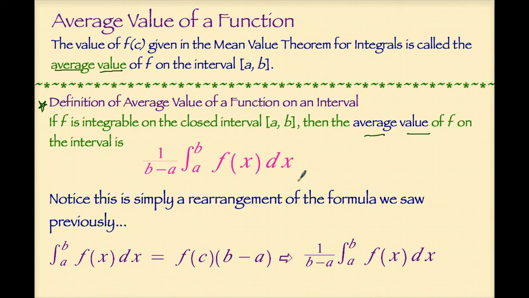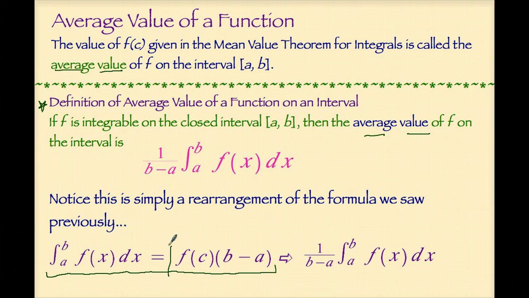Notice this is simply a rearrangement of the formula we saw previously. Previously, we saw this. The value of the definite integral from a to b is equal to f of c, again that's at some c, a height, a function value, times a width a to b. We recognize this as an area of a rectangle which would equal the value of the definite integral.